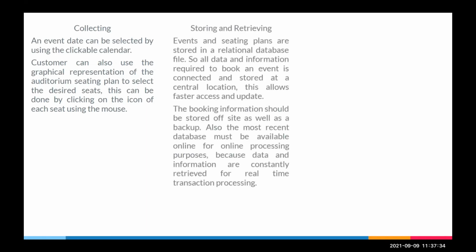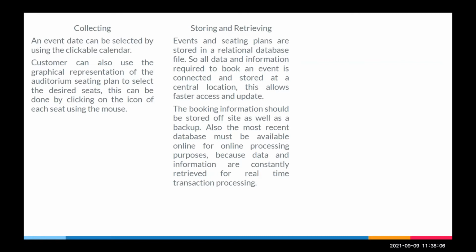Storing and retrieving. Events and seating plans are stored in a relational database file. I should write here events information. All data and information required to book an event is connected and stored at a central location. I'm providing reasoning here: this allows faster access and update. The booking information should be stored offsite as well as a backup.